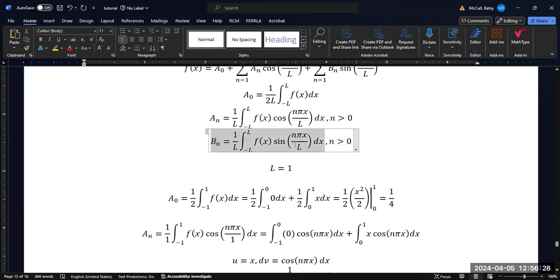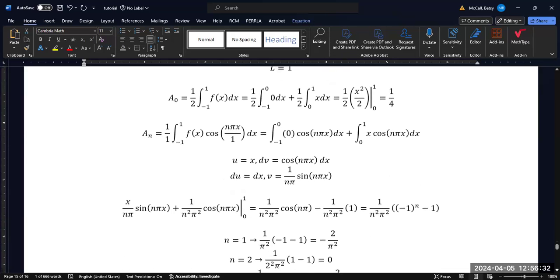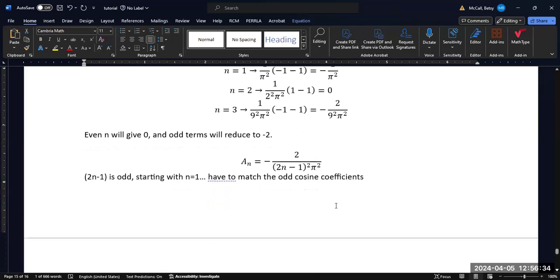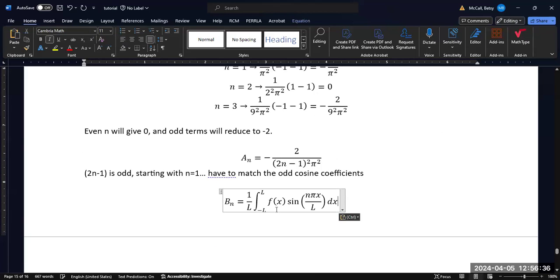So this is the b sub n formula. And again, we'll put in our ones, and the 1 over here will just give me n pi x.